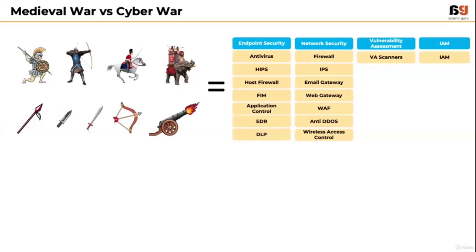Endpoint security, the tools they use are antivirus, HIPS. HIPS is host intrusion prevention system. They use host firewall, FIM, application control, the EDR, DLP too. Network security guys have their own tools: the firewall, IPS (intrusion prevention system), email gateway, web gateway, WAF. WAF is a web application firewall, anti-DDoS.